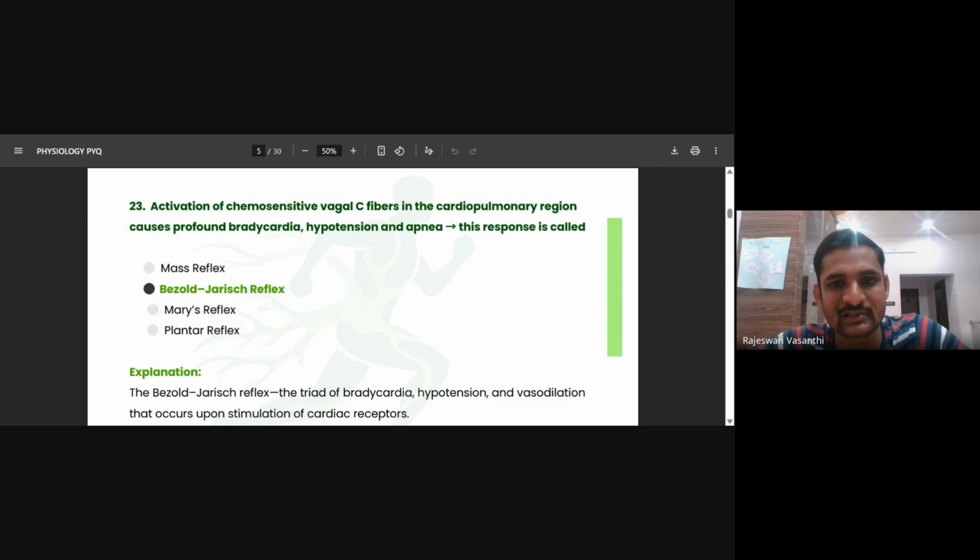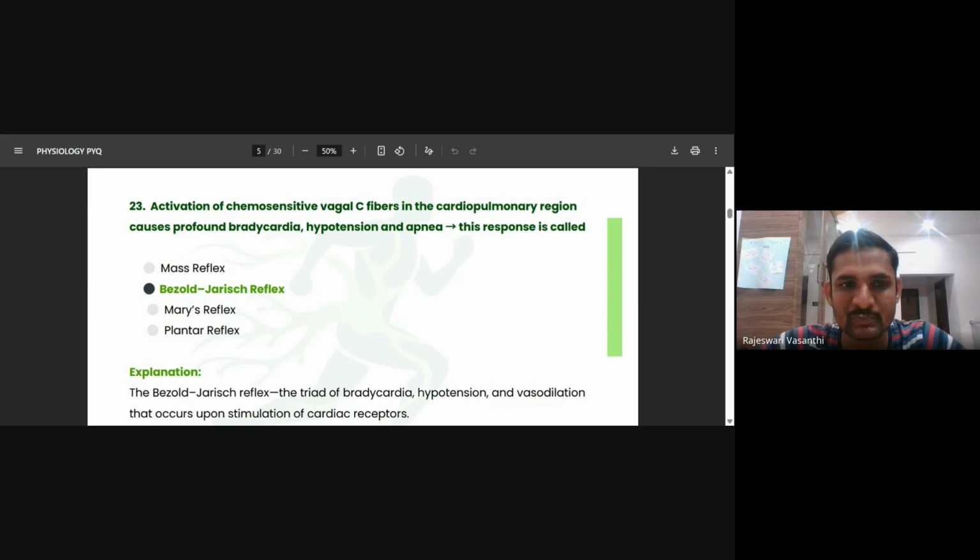Besold-Jarisch reflex is otherwise called the coronary chemoreflex. Whenever there is an irritant chemical in the cardiopulmonary areas, chemicals like capsaicin, vanillin, veratridine, histamine, or activation of irritant receptors all over the cardiopulmonary areas, this will result in bradycardia, hypotension, and vasodilatation.